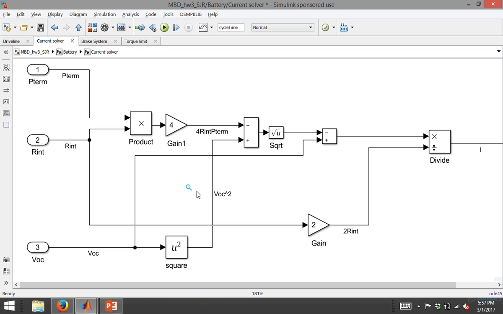You have your terminal power divided by Rint. You're going to have to rearrange the equation because I think the equation is actually solving for the power at the terminals. That's pretty simple.